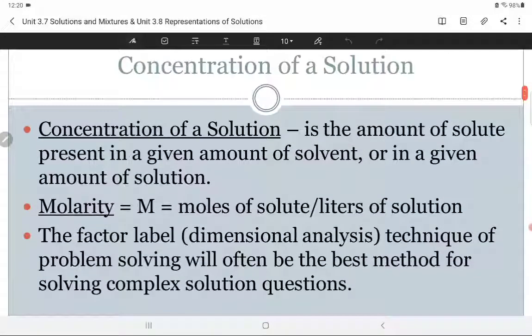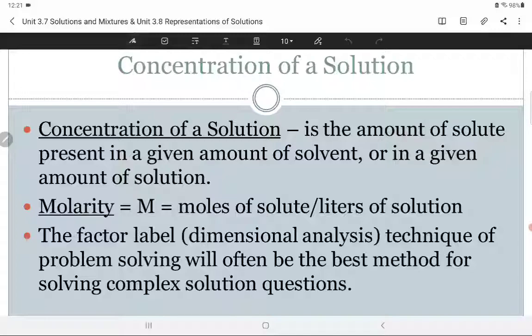So in terms of solutions, there is a solute. That's typically maybe a dry material, maybe like NaCl, and you dump it in water, and water would be the solvent. And depending on how much salt you dissolve in the water, you would have a different concentration. And those concentrations can be described in a lot of different ways.